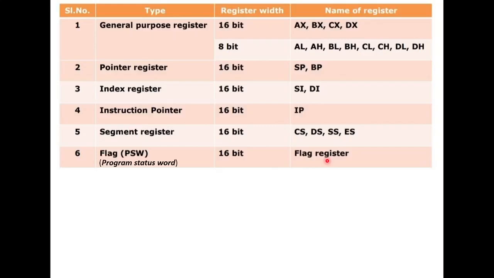Next one, trap flag, interrupt flag, and direction flag. The last one is the overflow flag. Trap, interrupt and direction, these 3 flags are control flags. So totally we have these many flags, and this flag register is also 16-bit long. I hope you understand all these registers and their purposes.